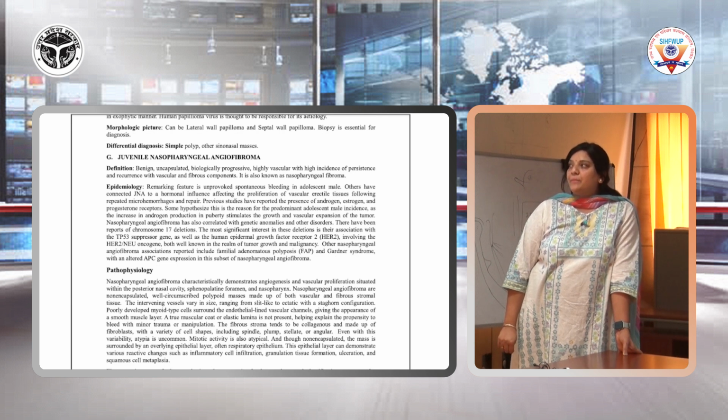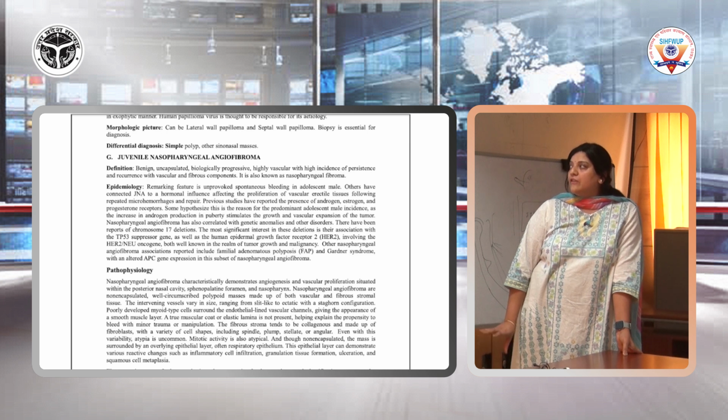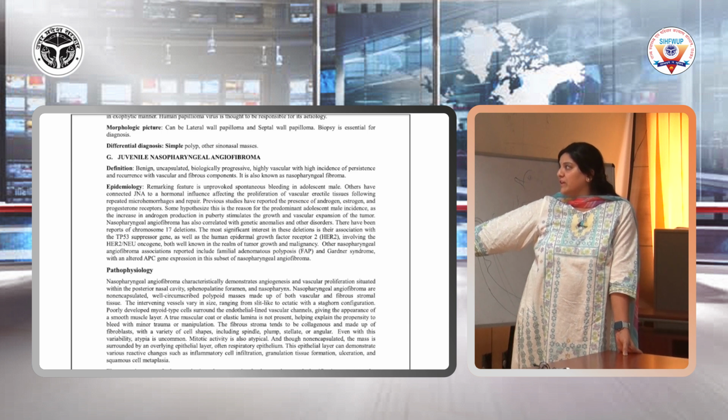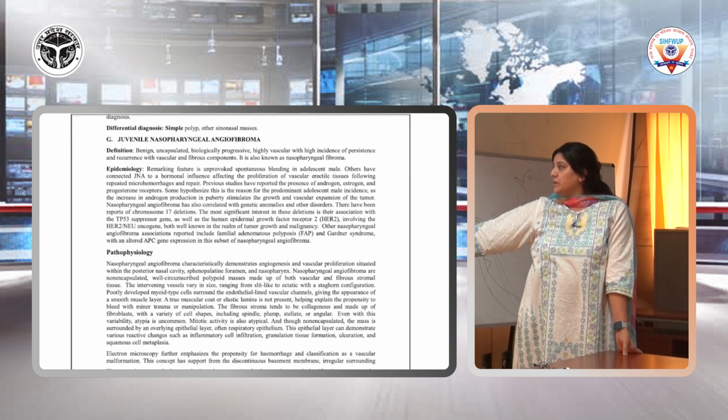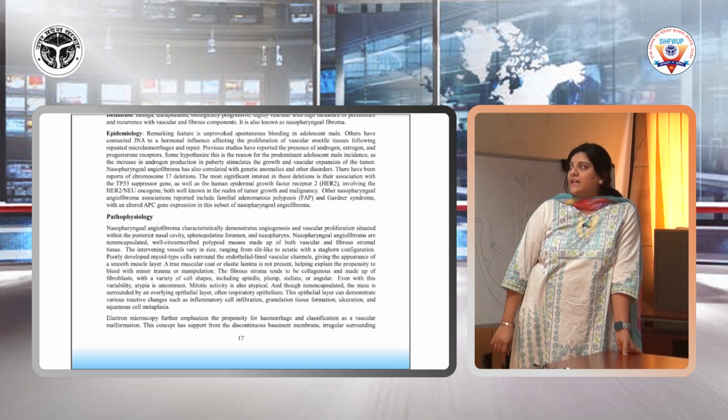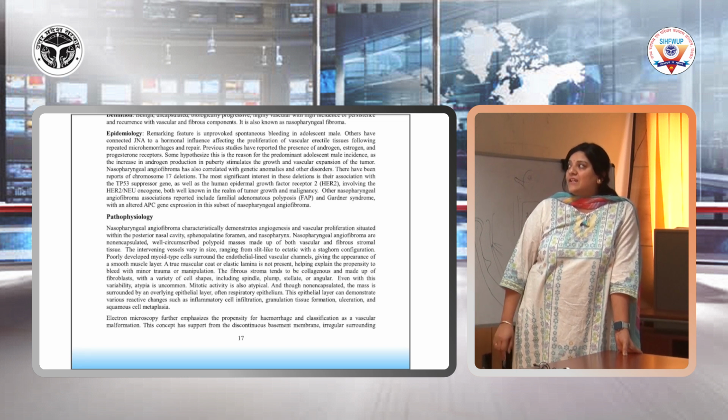Coming to definition, it's a benign, unencapsulated, biologically progressive, highly vascular tumor, with high incidence of persistence and recurrence, with vascular and fibrous component. It is also called nasopharyngeal fibroma. Now the remarkable feature is unprovoked spontaneous bleeding in adolescent male. It usually presents with such history.